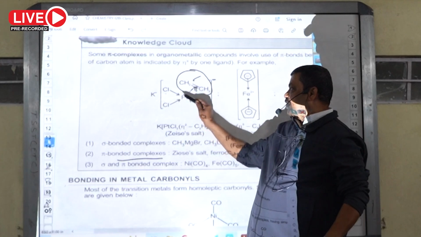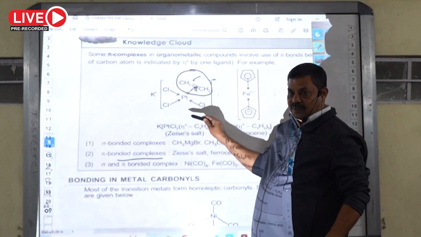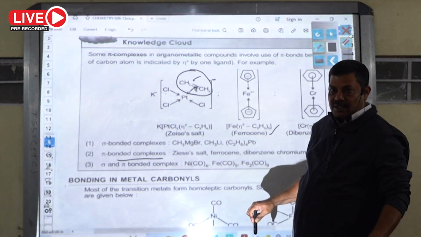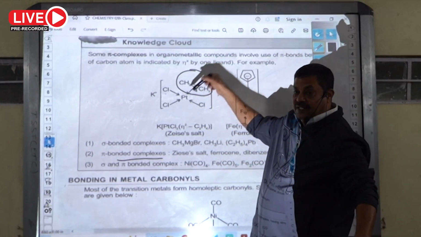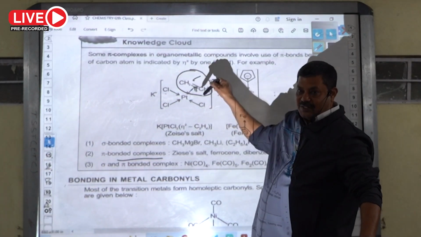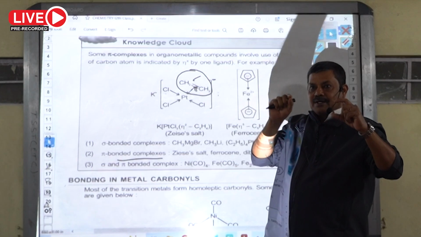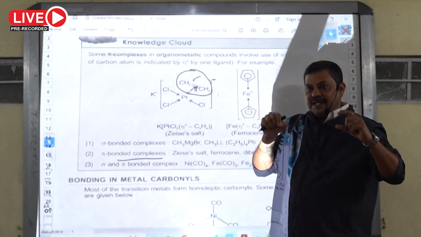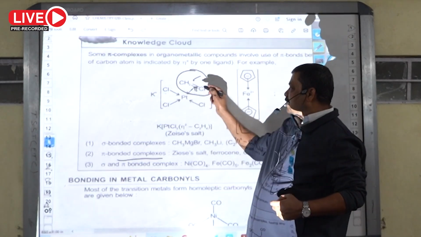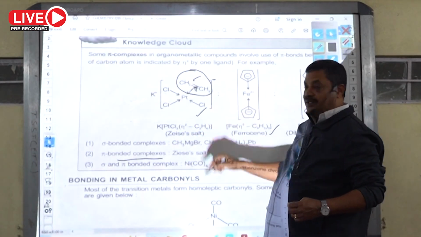Three bonds are normal dative bonds formed by chlorine. The 4th dative bond is formed by donation of the pi electron cloud of the ethylene molecule. A double bond is always 1 sigma, 1 pi. Sigma is rigid and cannot be donated, so only the pi electron cloud can be donated. Thus it is a pi bonded organometallic.